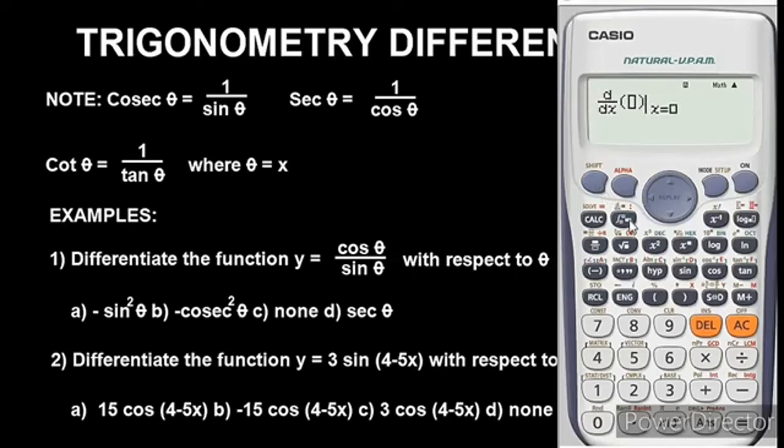So you input the function. In function we have cos theta. So there's no theta in the calculator. So we represent this theta with x as we noted here. So to bring out x, we press alpha and x. You have to press alpha first before pressing x.